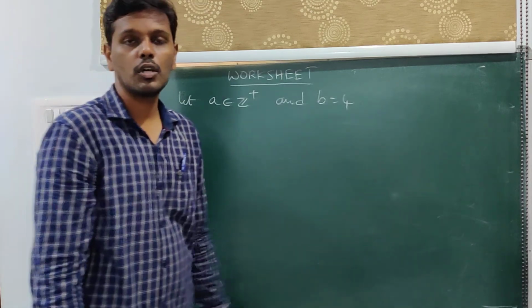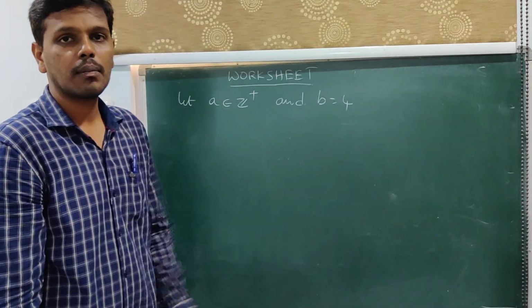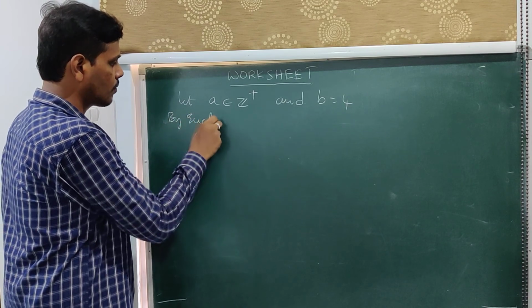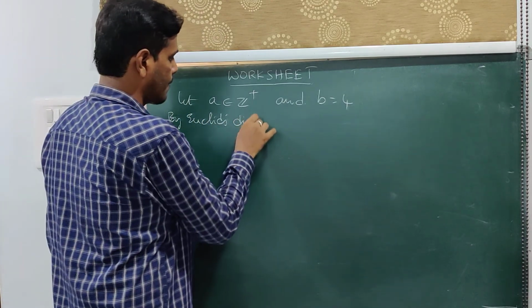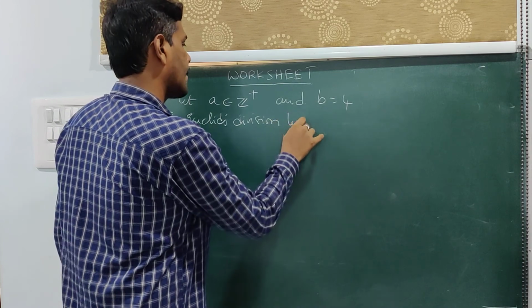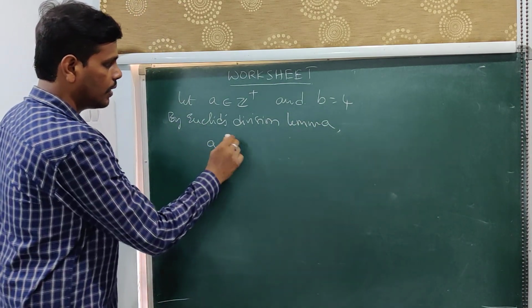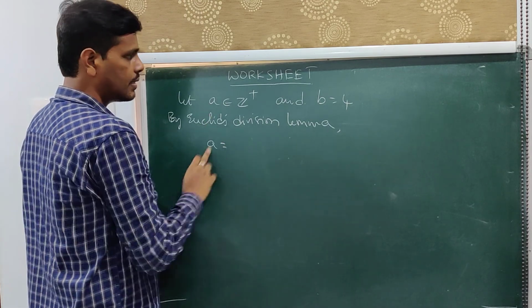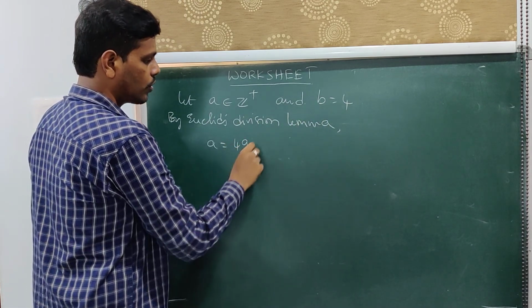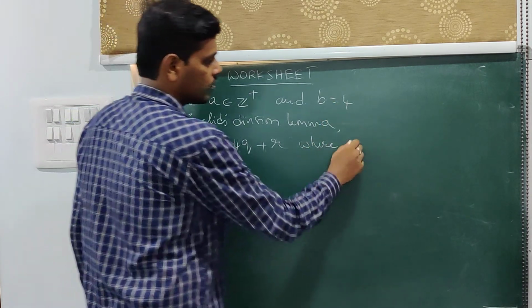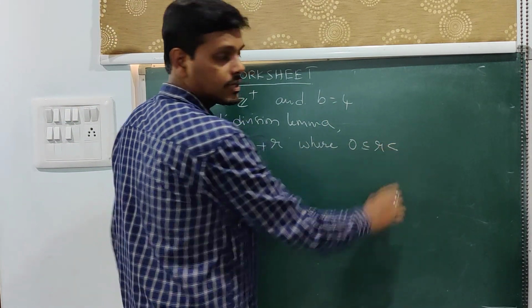So whenever you are given two positive integers, we can apply Euclid's division lemma. So apply that. By Euclid's division lemma, you can have a is equal to bq plus r. A is a itself, b is 4, so 4q plus r, where 0 less than or equal to r less than b.